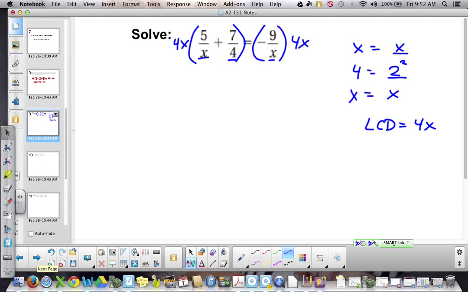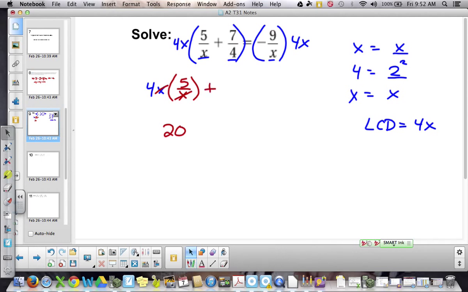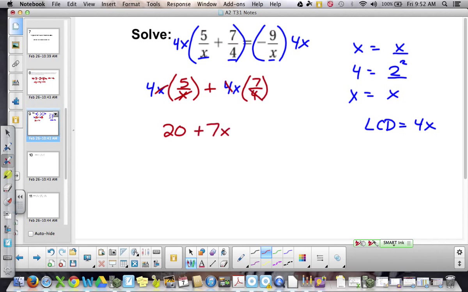When we take 4x times 5 over x, those x's will cancel out, and you're just left with 20. Plus, when we take the 4x times 7 over 4, the 4's will cancel out, and we're left with just 7 times x.